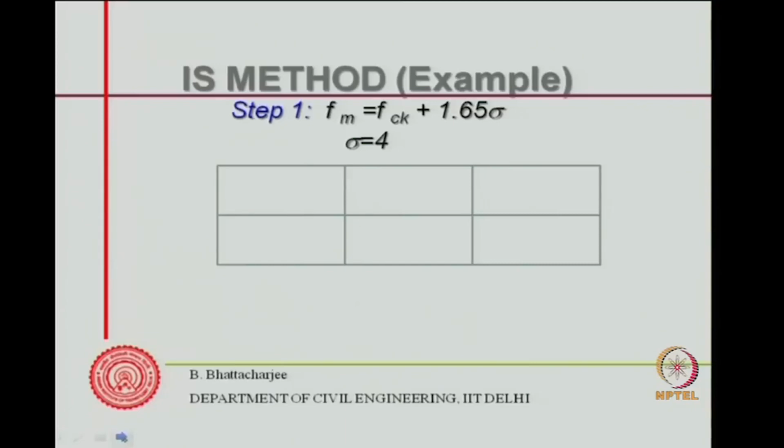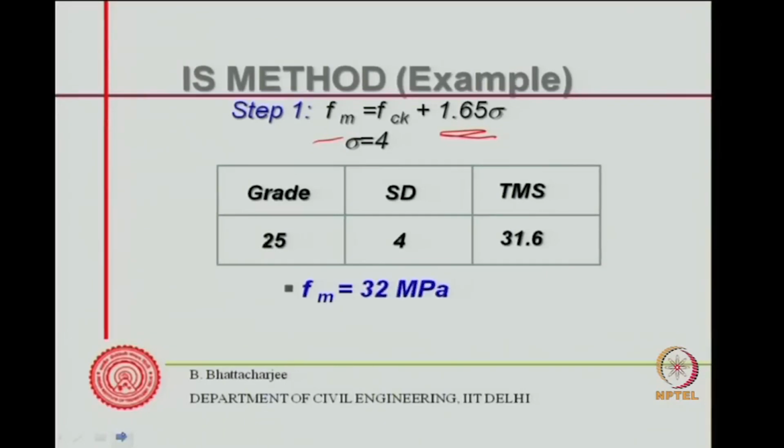So, sigma is 4, grade strength is 25 MPa, and my target mean strength, if I calculate based on this formula, equals 31.6. So, I choose a mean strength of 32 MPa and design the concrete.